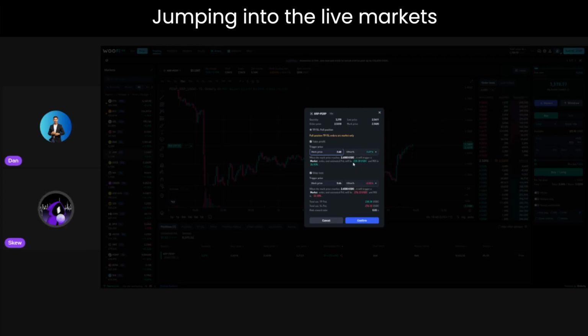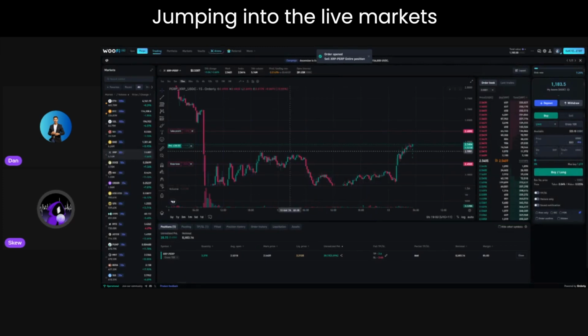So comparatively, you don't make as much of a gain to the amount you're risking. This is an important detail when it comes to trading more degenerately in the market.